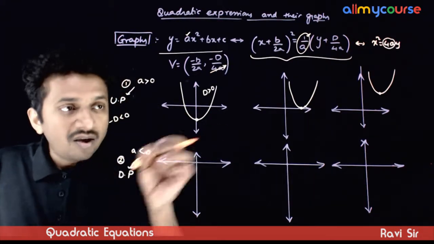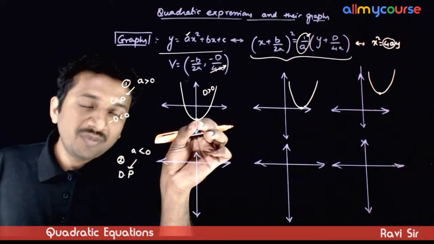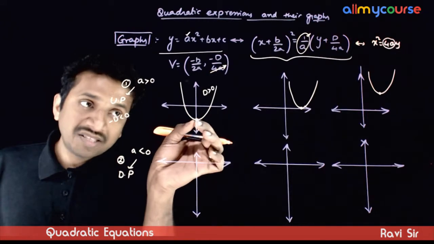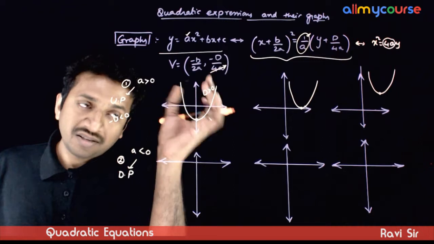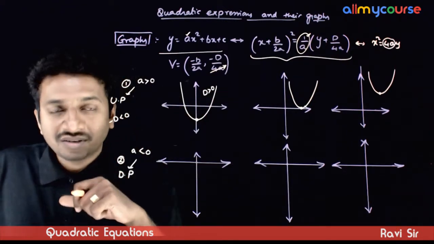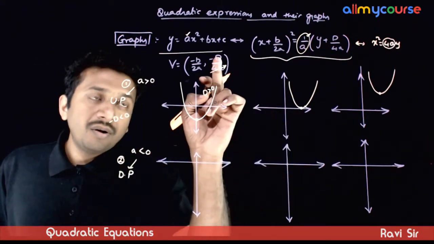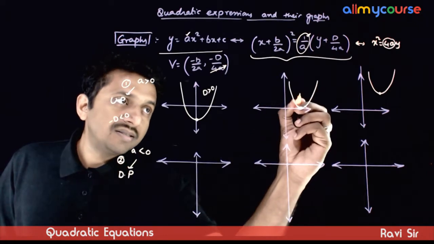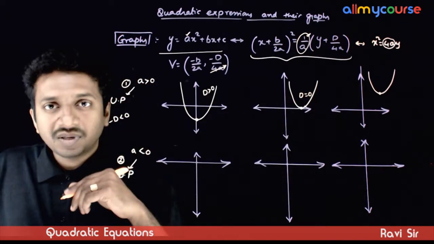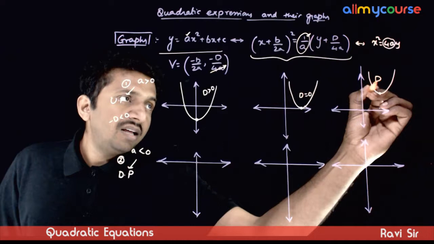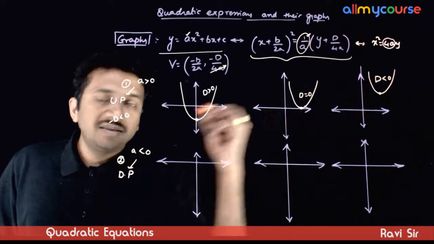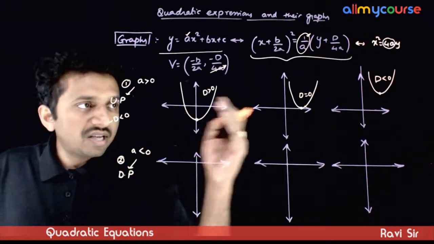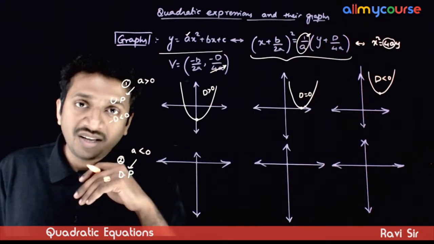The graph starts from below x-axis and it goes above x-axis, hence it has to cut at 2 points. Here the y-coordinate is exactly equal to 0, hence d is equal to 0. And here minus d should be positive, so d should be less than 0. So this is how you differentiate between these 3 cases.